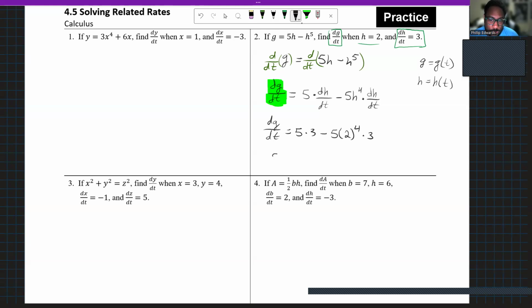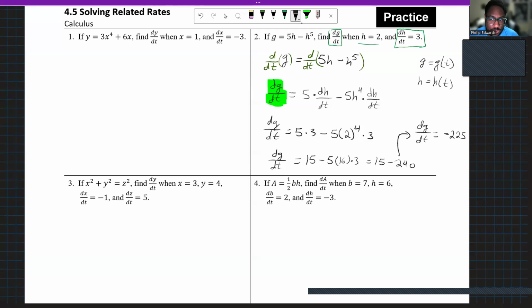And then from here, just order of operations. So dg/dt, or the derivative of g with respect to time, is 15 minus 5 times 16 times 3. That is 15 minus 80 times 3, so 240, which gives me a final answer of dg/dt equals negative 225.